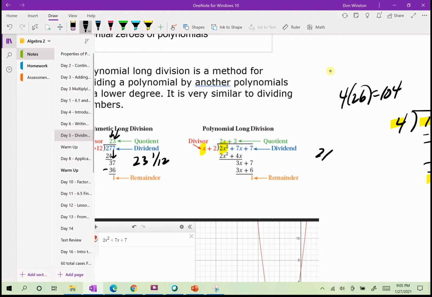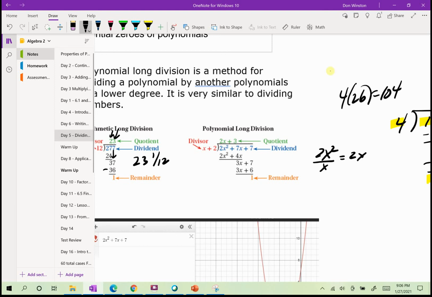So I would take 2x squared and divide it by x, and that would give me 2x. They put the 2x over the 2x squared. It should really be over the 7x. Okay, so 2x squared divided by x is 2x.